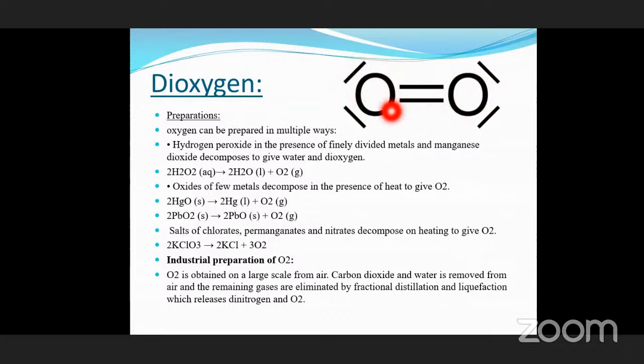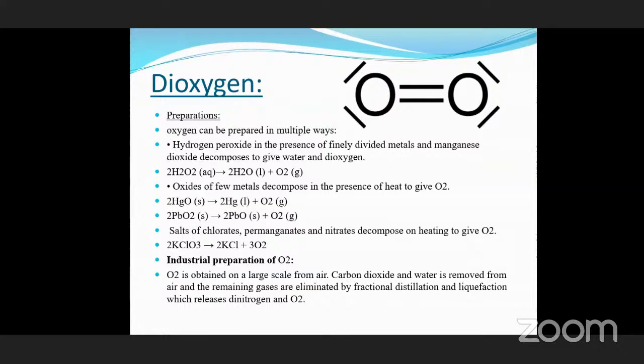By putting a double bond here, it obeys the stable octet rule. What is the meaning of the stable octet rule? The atoms have 8 electrons around their structure. That is called the octet rule.